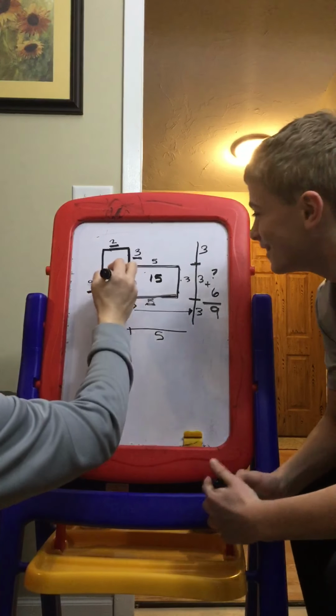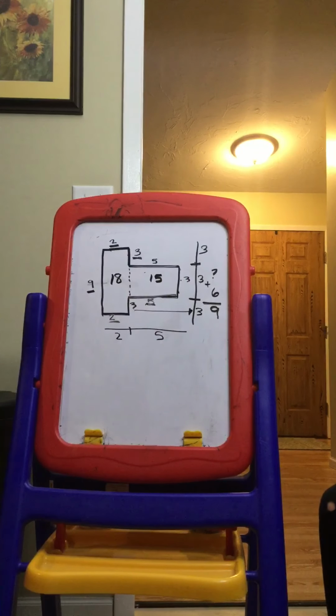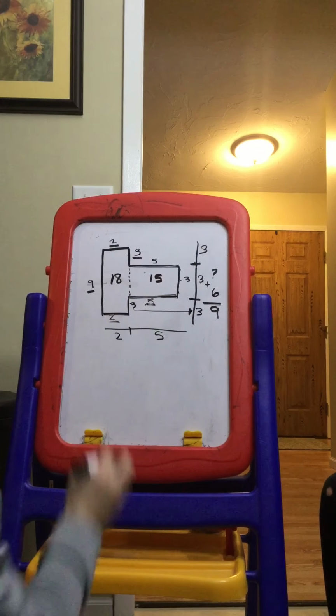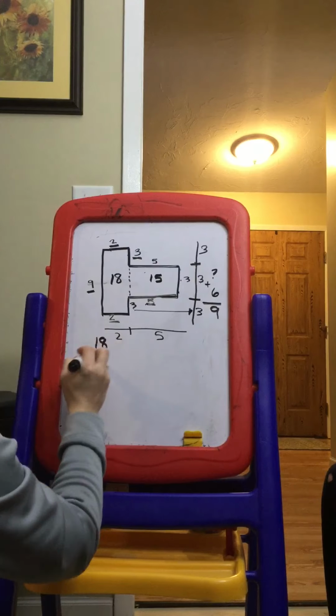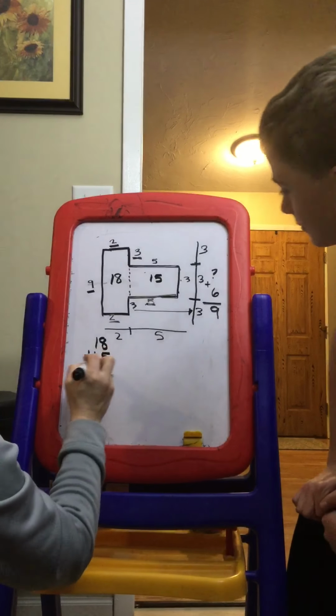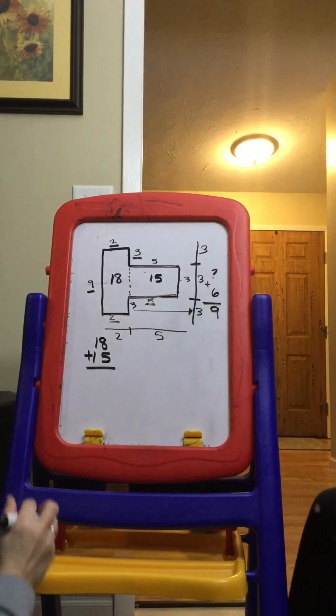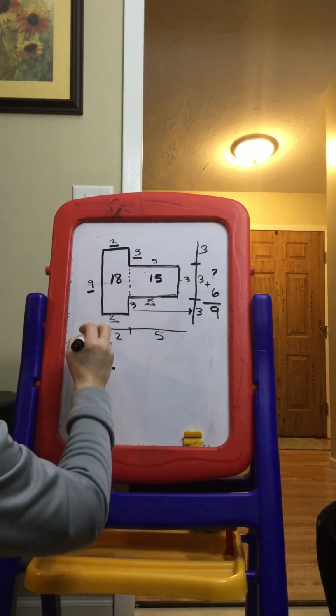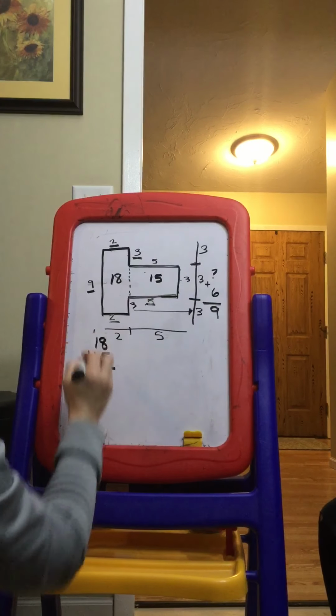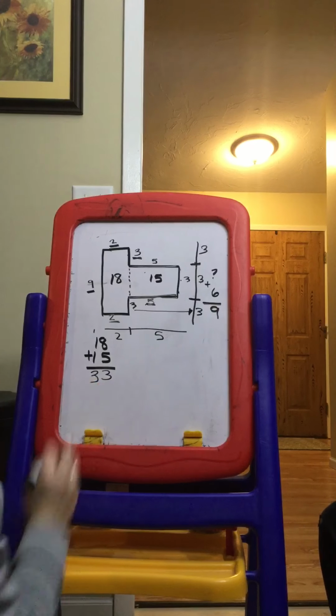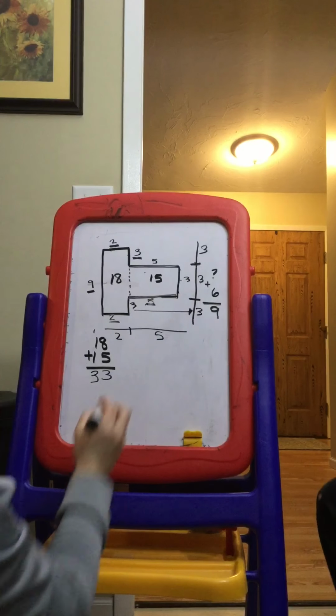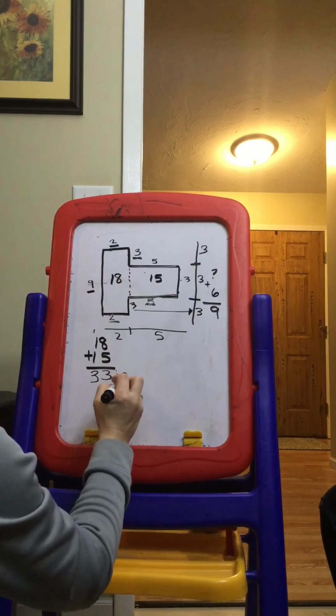And now what do I need to do with those two numbers? You add them. So we're going to add 18 plus 15. 8 plus 5, Wesley, is? 13. Simple. And 1 plus 1 plus 1 is? 3. So now we have 33 inches squared.